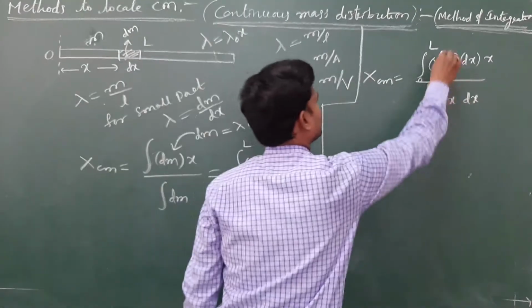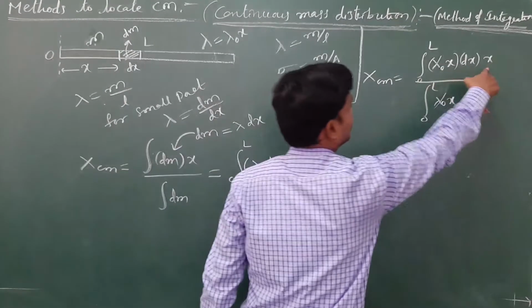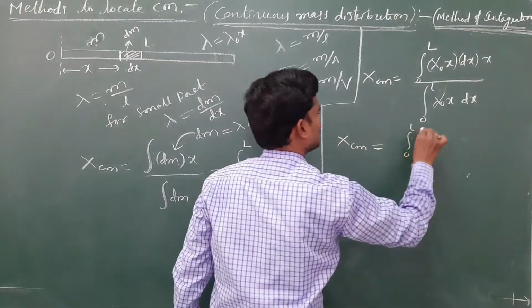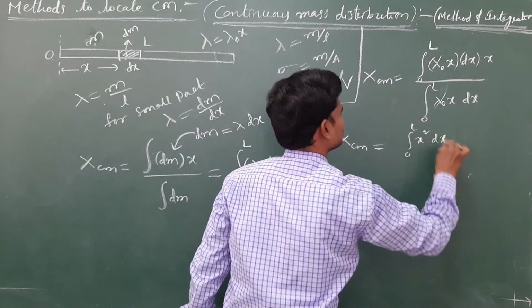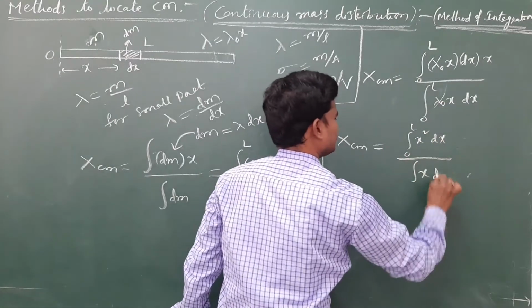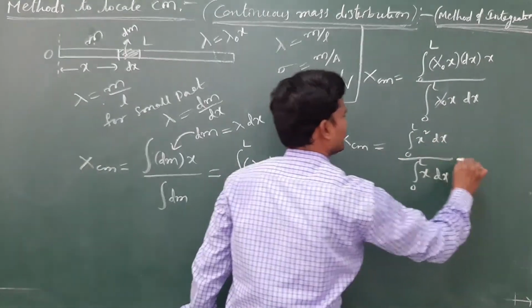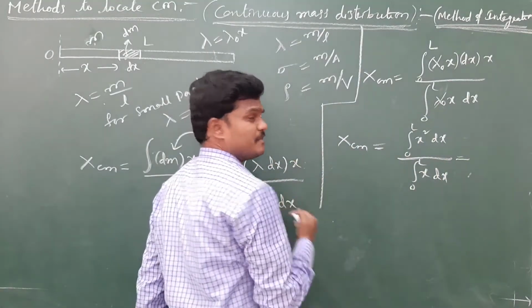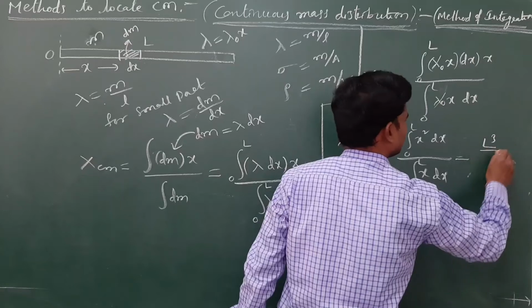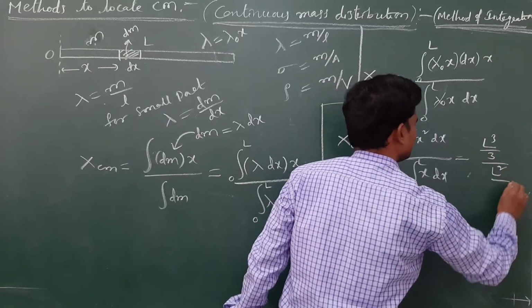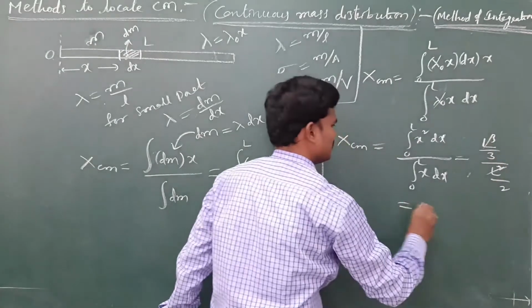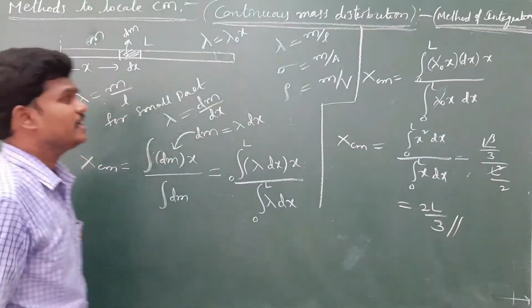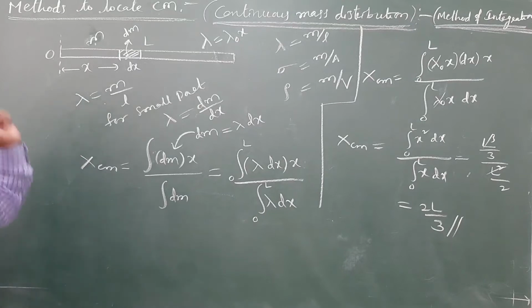The lambda naught, being a constant, cancels out. So the numerator is x square and the denominator is x, and xcm is integration from 0 to L of x square dx over integration from 0 to L of x dx. Integration of x square is x cube by 3, and substituting the limits gives L cube by 3 over L square by 2. So you get 2L by 3, which is the center of mass of this rod.